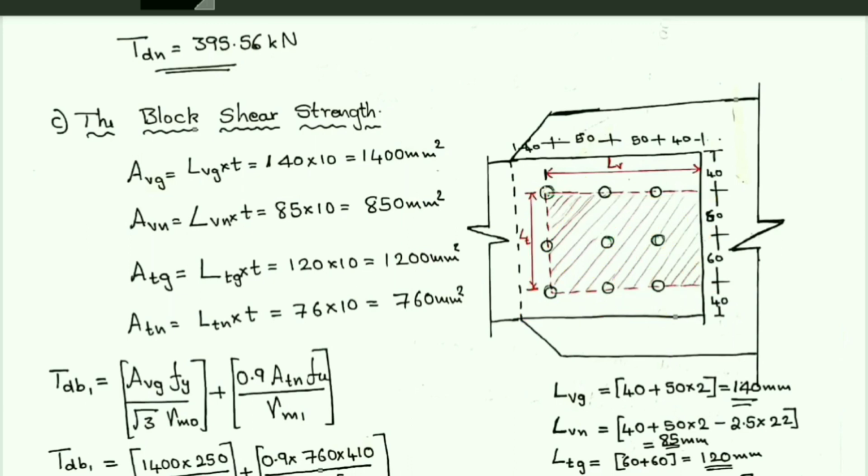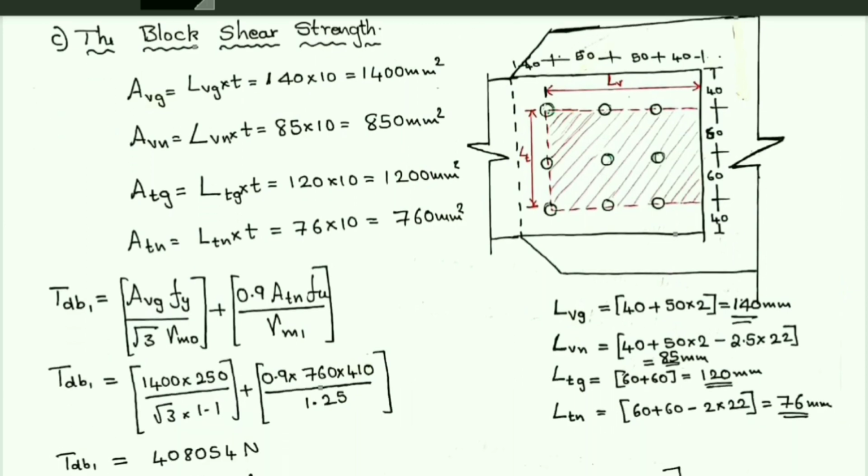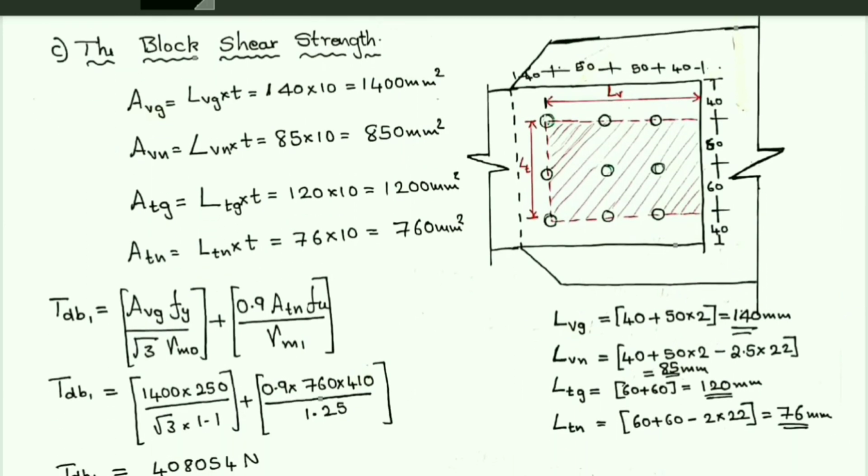If you see AVG, this one, the length LV is total 40 plus 50 plus 50, that is 140 mm, the total gross area length. So LVG becomes 40 plus 50 into 2, that is 140 mm.